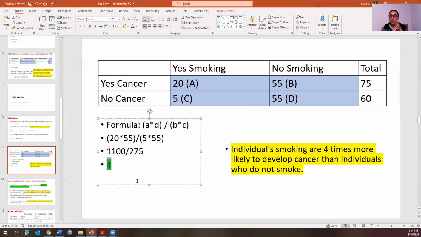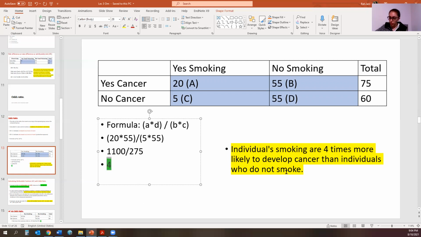As I said, when you do all these calculations, risk ratios, attributable risk, odds ratio, it's just about how you write them. So you would say over here, individuals smoking are 4 times more likely to develop cancer than individuals who do not smoke. As simple as that.